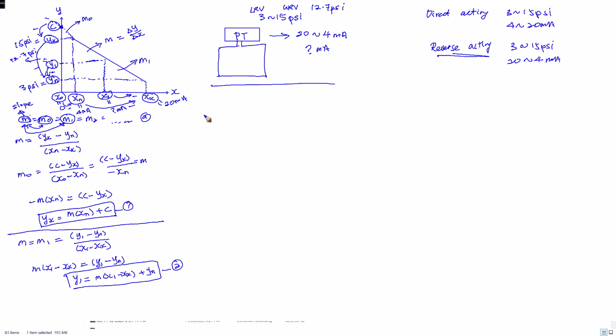If we use equation 1, yx equal to m xn plus c, we need to find m, the slope. The slope is yx minus yn, which is 15 minus 3 psi, divided by xn minus xx, which is 4 minus 20 milliamp.